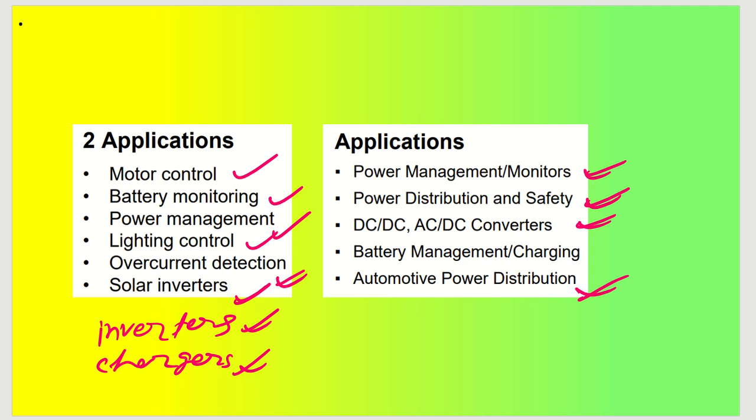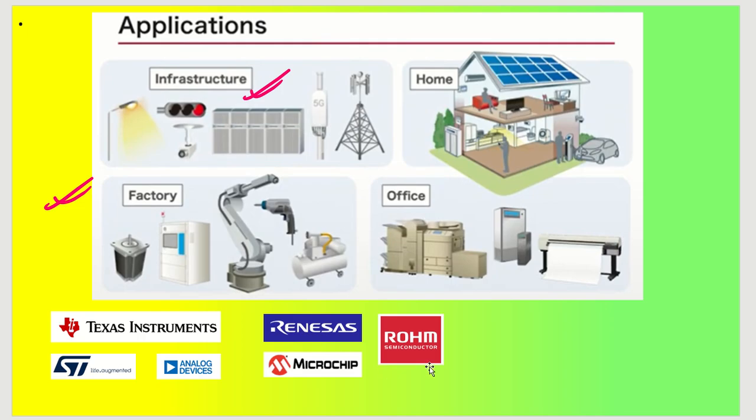So what are the different companies producing current sense amplifiers? You can have many companies other than these as well. We have Texas Instruments, STMicroelectronics, Analog Devices, Renesas, Microchip, and Rohm Semiconductor. Basically we will be taking applications from, let us say, Texas Instruments or Rohm Semiconductor.